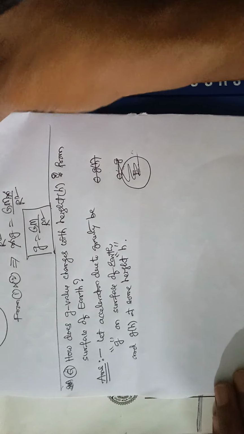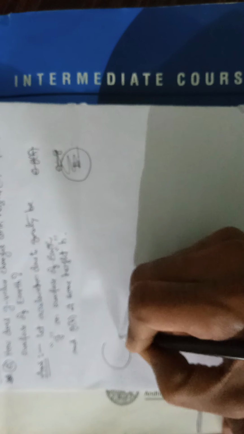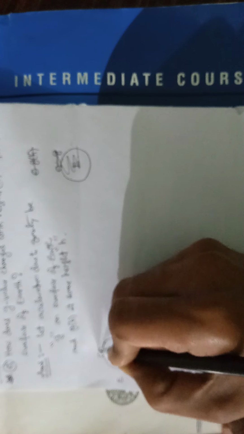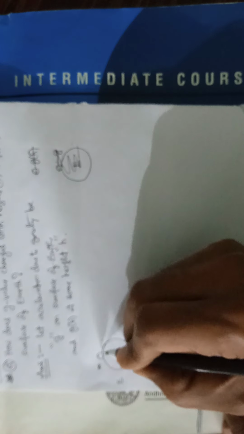Now let us draw a diagram. This is Earth, and an object is on the surface of Earth, center of Earth. This is the radius of Earth.